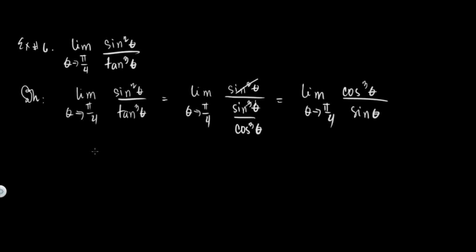And the next thing to do is you plug in or substitute the pi over 4 dun sa theta. Okay? So, we have here the cosine of pi over 4 cube over sine pi over 4. Okay? Kung meron kang calculator, konting pindot lang yan, may sagot ka na.